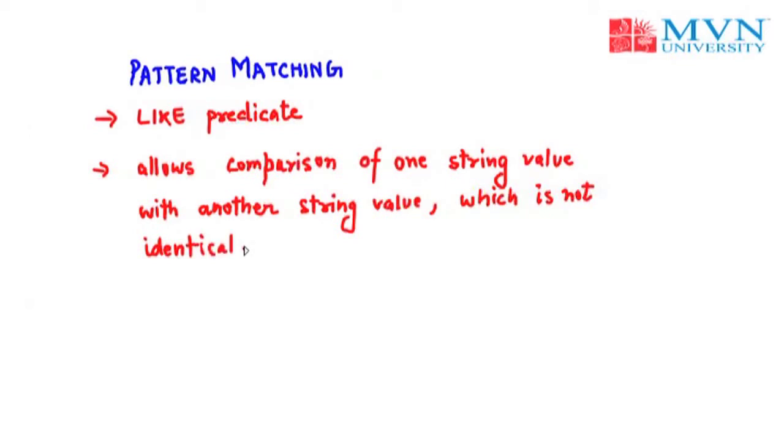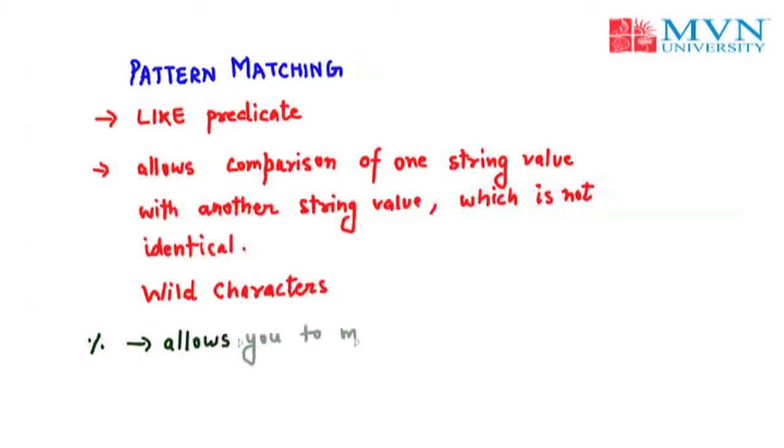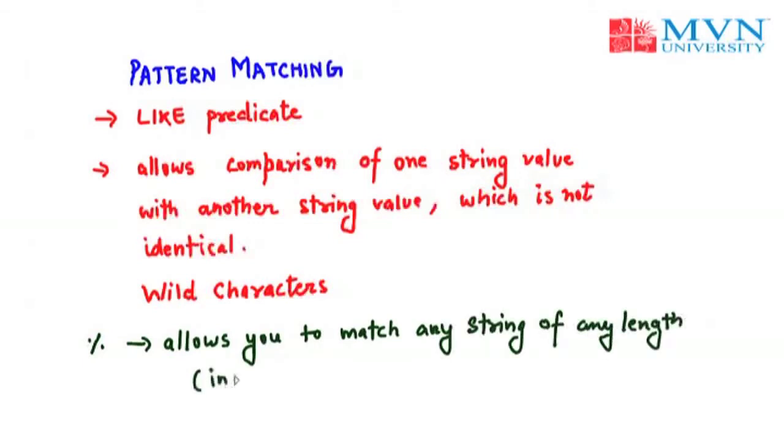This is achieved by using wildcard characters, and we have two wildcard characters. The first one is percentage, which allows you to match any string of any length, and it also includes a zero length string. Next is underscore. It allows you to match a single character.